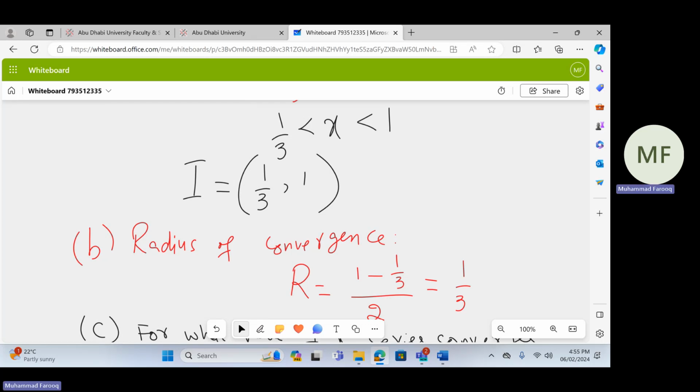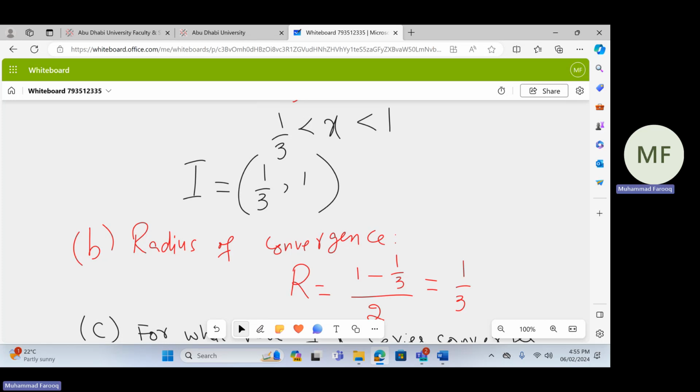Basically, this capital I represents the interval of convergence. This is the portion where the power series converges. So between 1/3 and 1, at all its points, the series converges without any doubt.